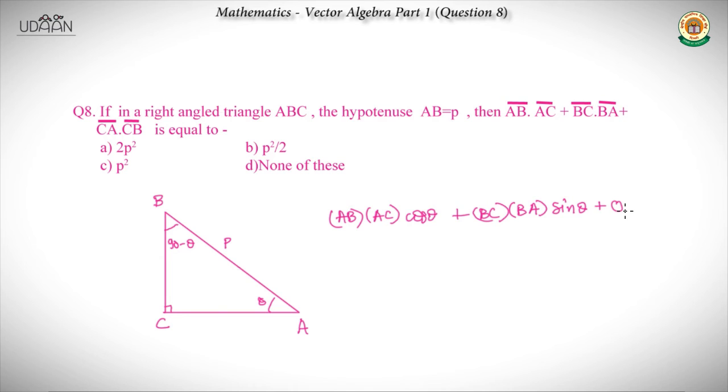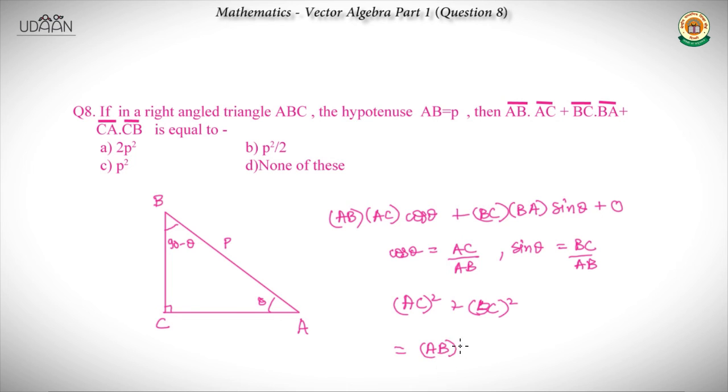Now cos theta will turn out to be adjacent upon hypotenuse, which is AC upon AB, and sin theta will turn out to be BC upon AB. So substituting these values, it will turn out to be AC square plus BC square, which is same as AB square, which is P square.